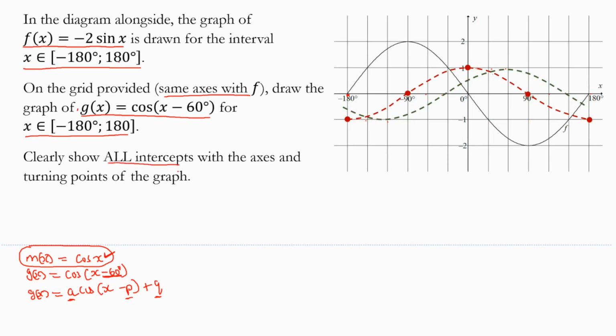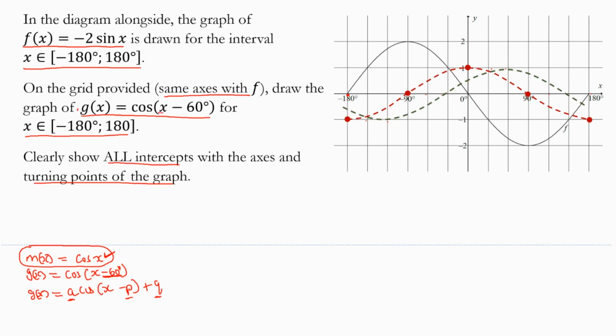Then you can write the key features. Remember we said all intercepts with the axis and the turning points. This is -180, and this should be at -120. You write (-120; -1) here. That's the minimum point. And then this is -30 degrees here, that's the x-intercept. Here at 0 is (0; 0,5), that's the y-intercept.